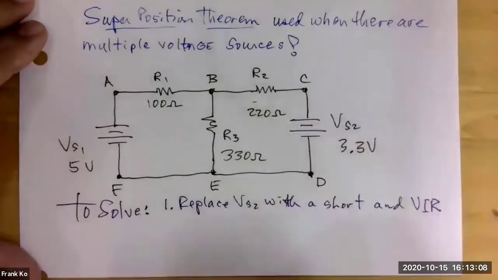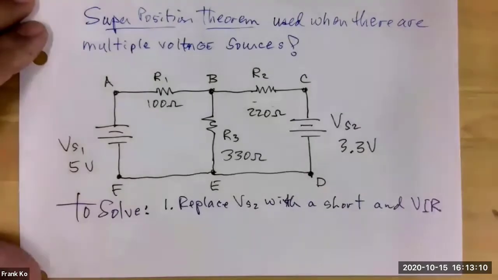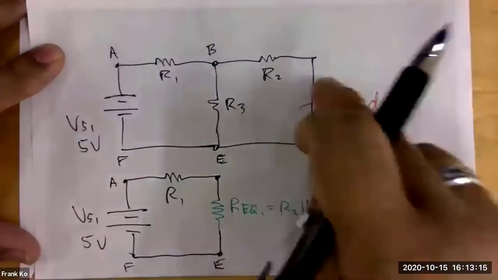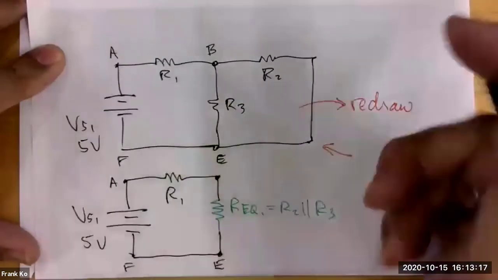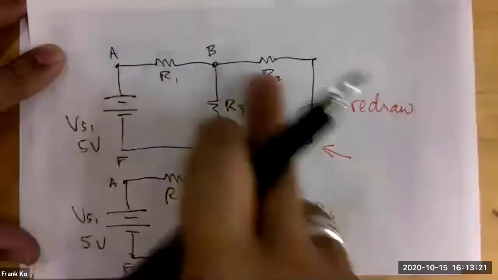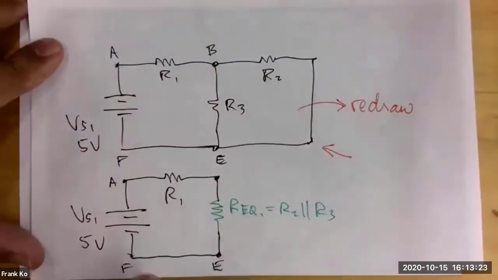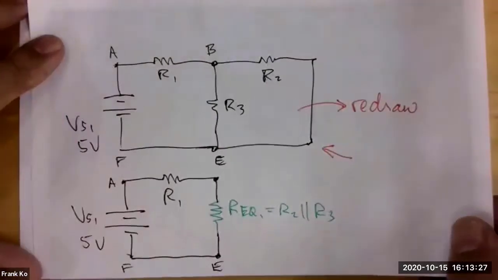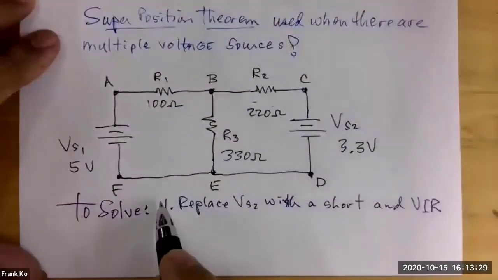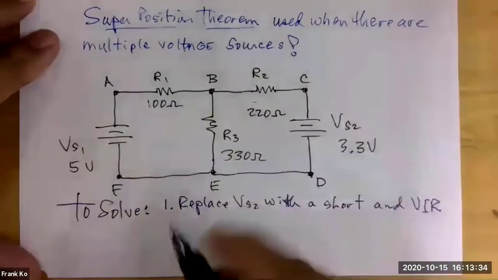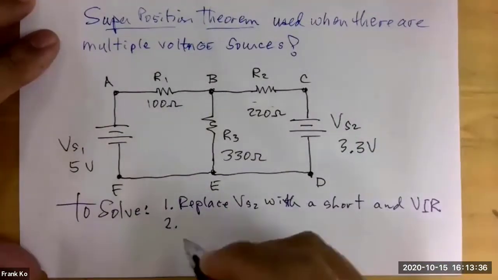With this guy being replaced with a short, you do a complete VIR. And you've done that before. It would look something just like this. You replace the voltage source number 2 with a wire, and you do a VIR for what's left. And this is, as I said, you've had plenty of practice doing this, and we'll do this together in a moment. That's step 1.